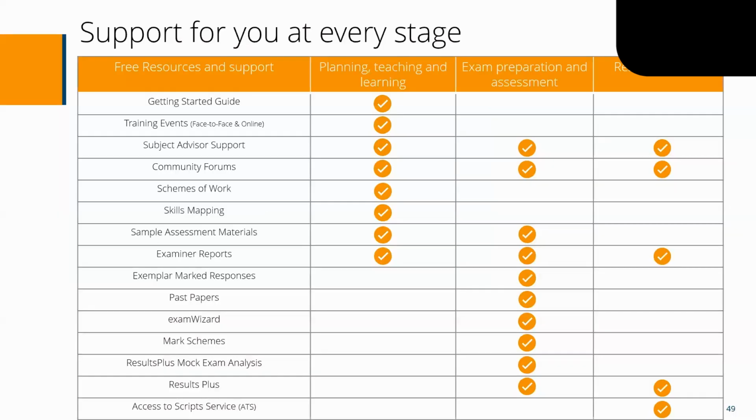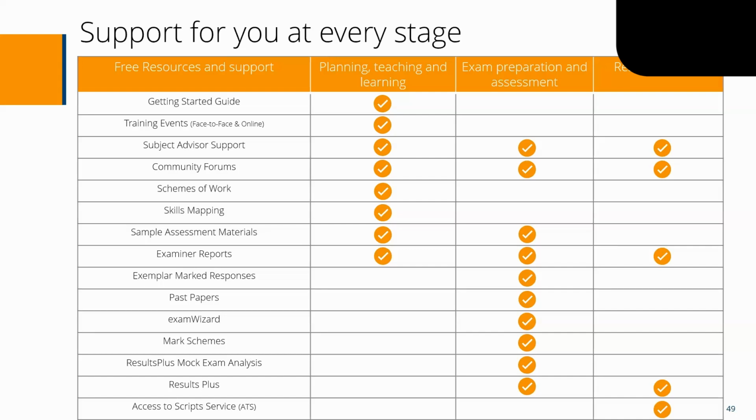Since I think almost everyone, if not everyone on this course was on module 1 yesterday, I'm not going to go through this in quite as much detail because I don't want to just repeat myself from yesterday, but just a quick flick through to remind you of things that I drew attention to. And if you want to, you can always ask questions about them. Here's a summary of the support that's available at every stage.